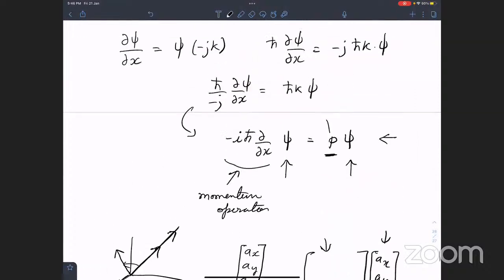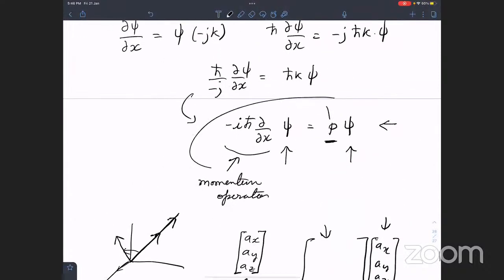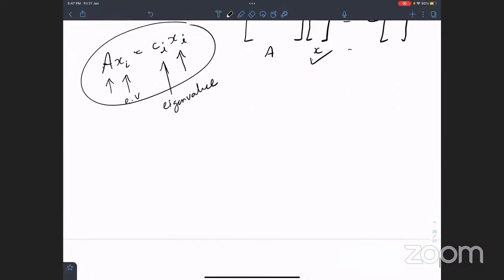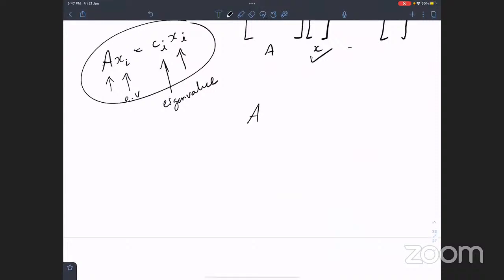Now notice the similarity between this and this. Do you see why we have eigenstates and all these ideas? That's where this comes in. So I took Ax equal to Bx, and these eigenvectors are basically solutions to these kinds of problems. If you solve this equation, the solutions are eigenvectors.